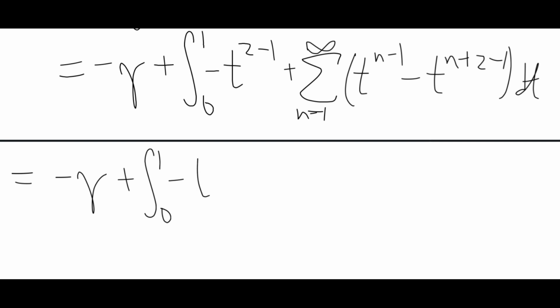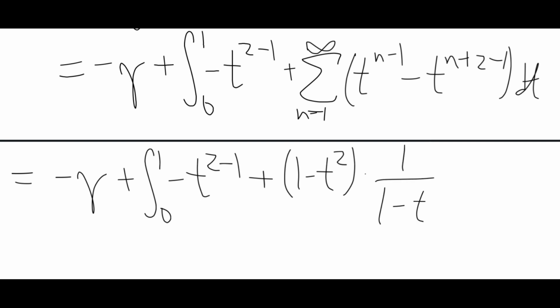And now this sum, if I factor out 1 minus t to the z, I'm just adding up t to the n minus 1. Okay, so that's a geometric series, so it's just 1 over 1 minus t.